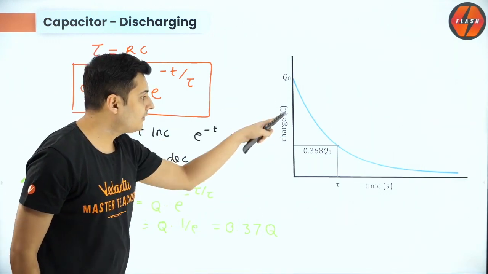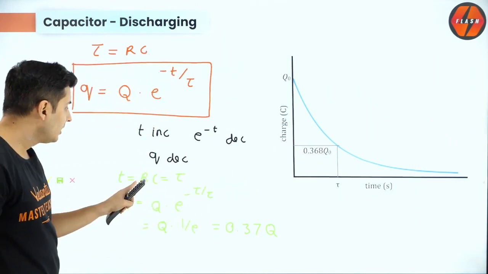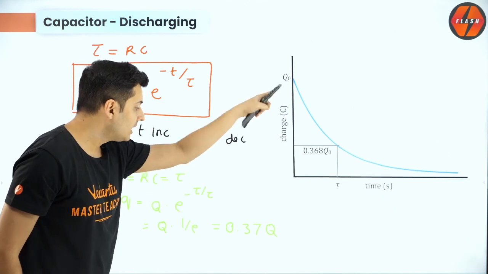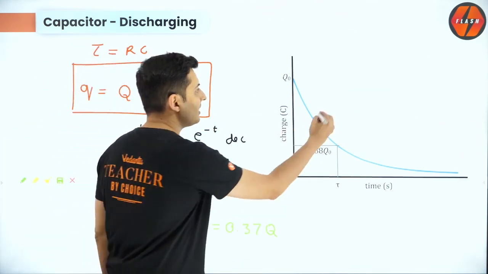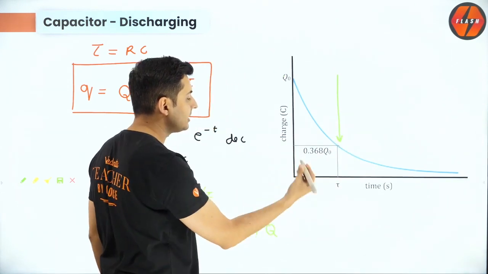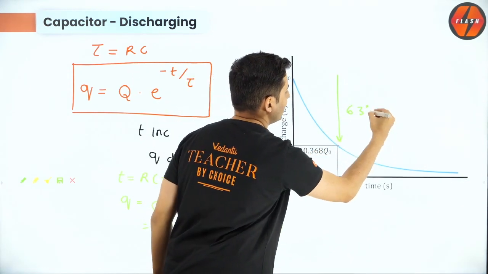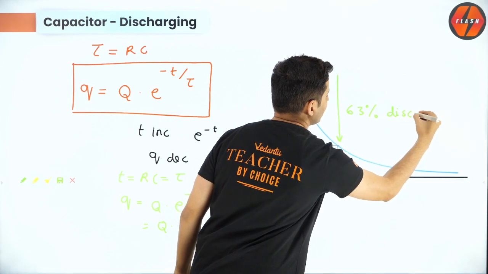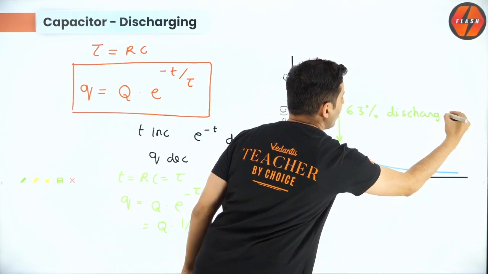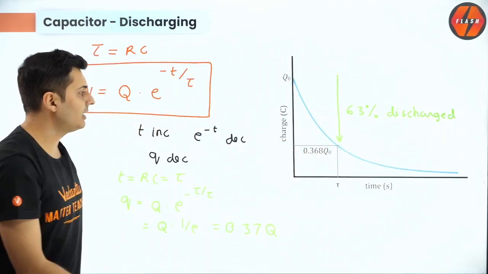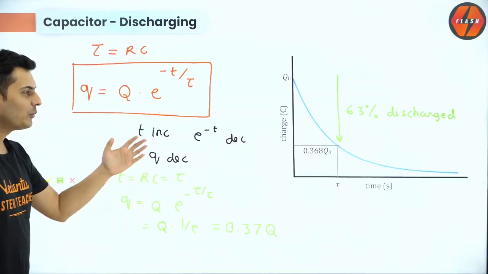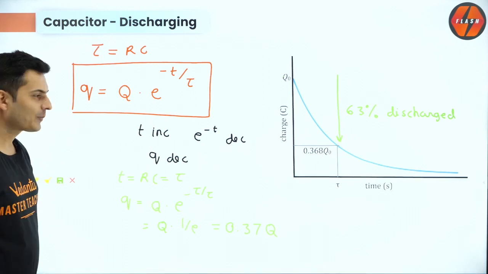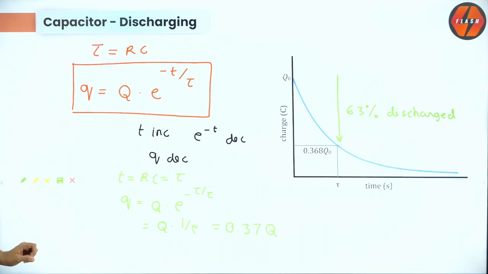That means the final charge after tau seconds will be just 37% of the original charge. So you can see it has basically discharged 63%. 63% has been discharged. Only 37% approximately is remaining inside the capacitor. Very, very important. All right, you can note it down.